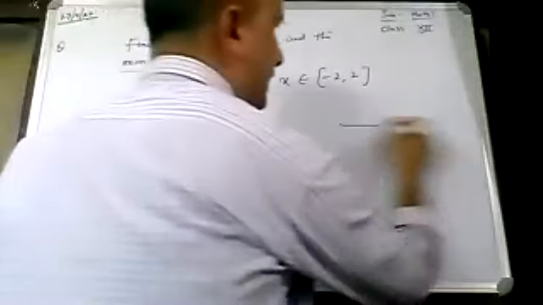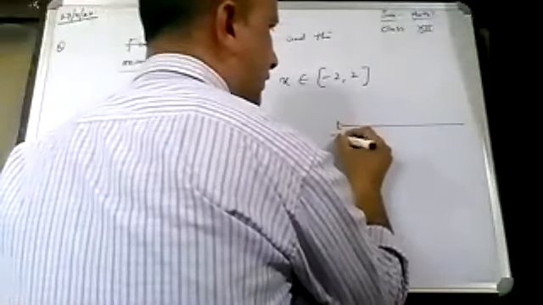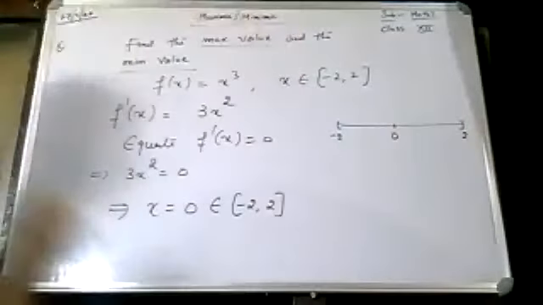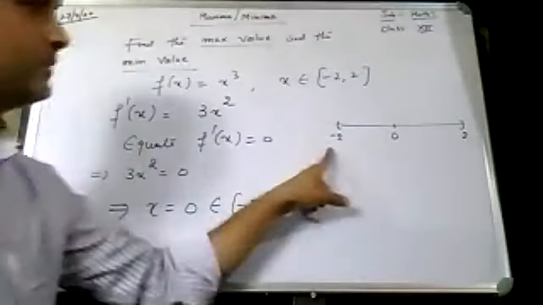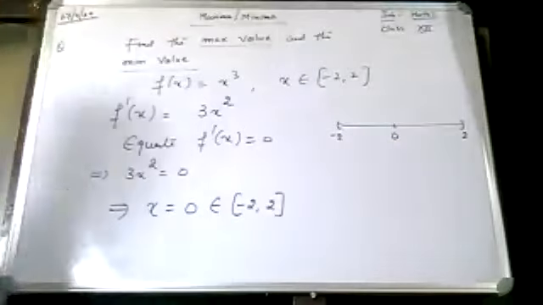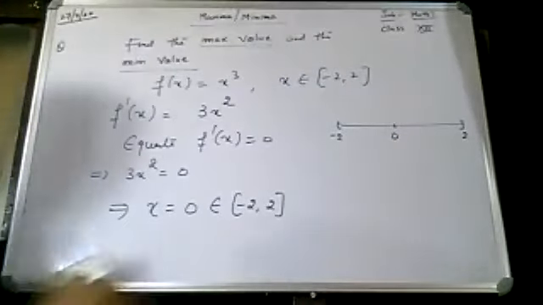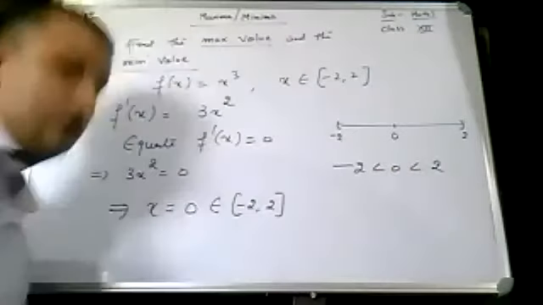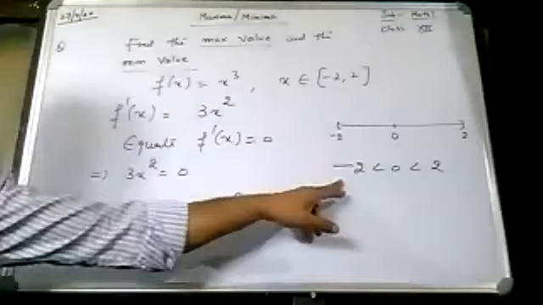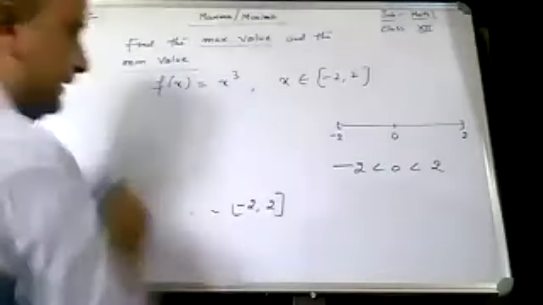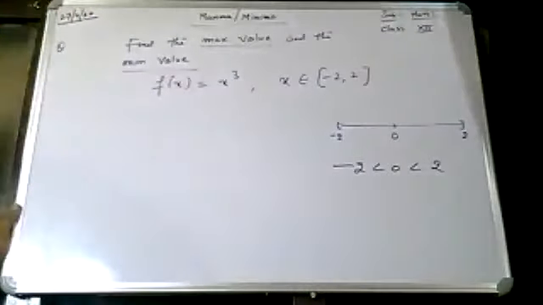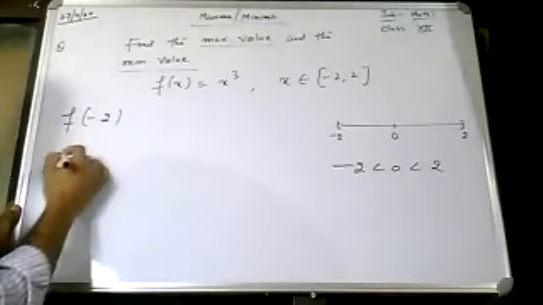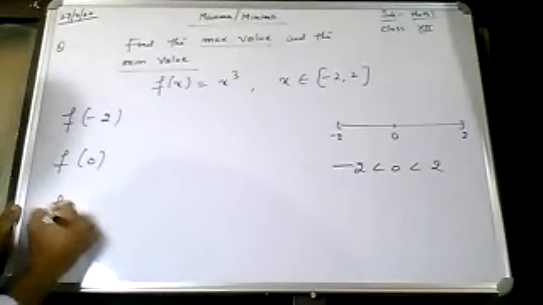How many points are there? This is -2, this is 2, and 0 is somewhere here. So today you are having 3 points, -2, 0, 2, and -2 is less than 0, which is less than 2. So we will check all these points. First we will check f of -2, then f of 0, then f of 2.